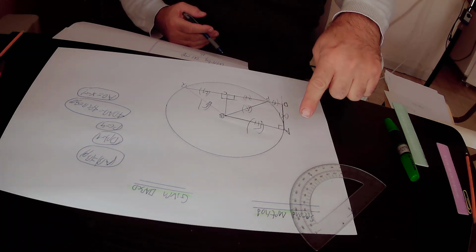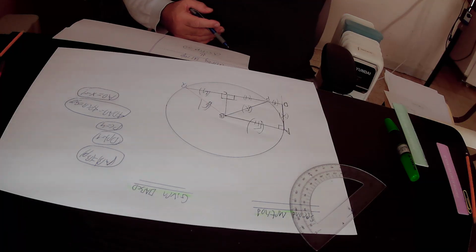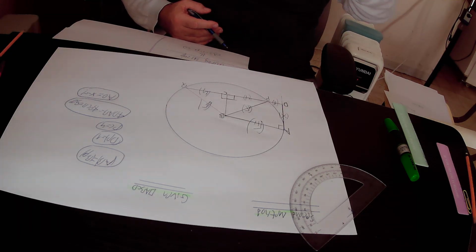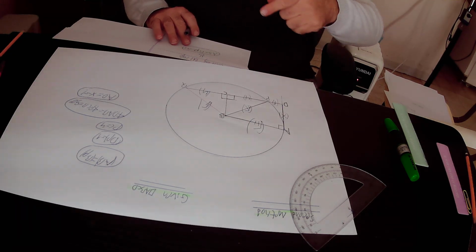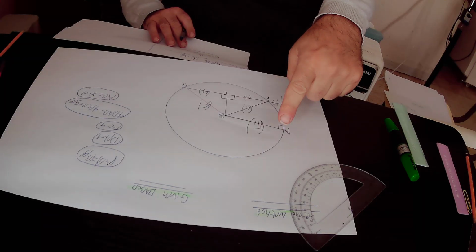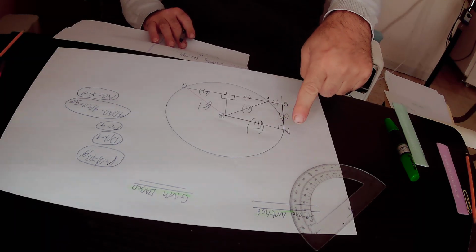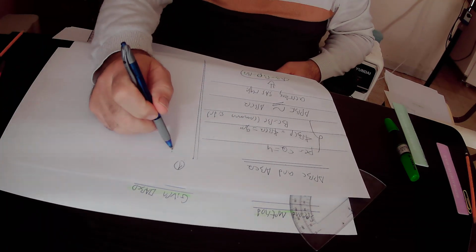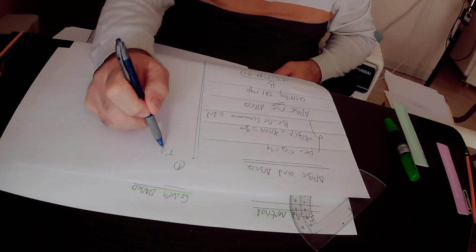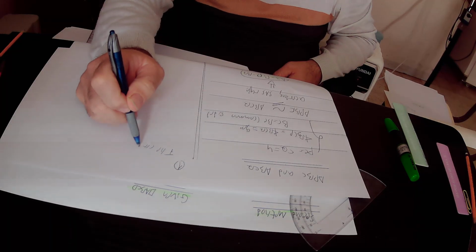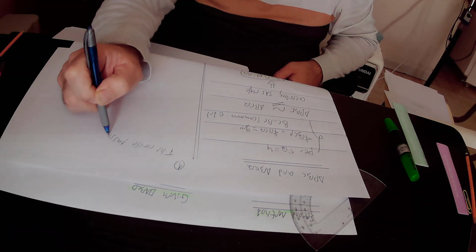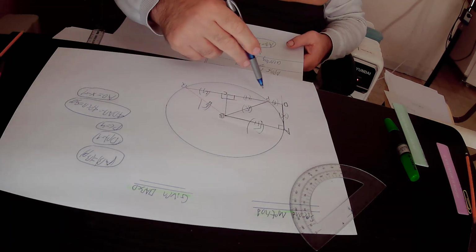Well, this circle passes through point A. For the same reason, this circle must pass through point P and point Q. So we can write down that the circle that we constructed passes through points A, P and Q.